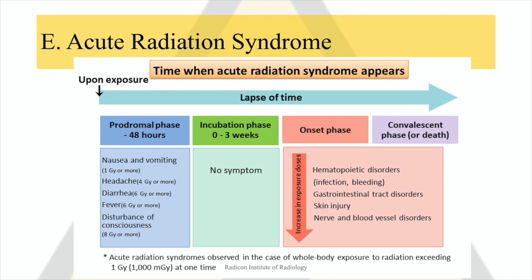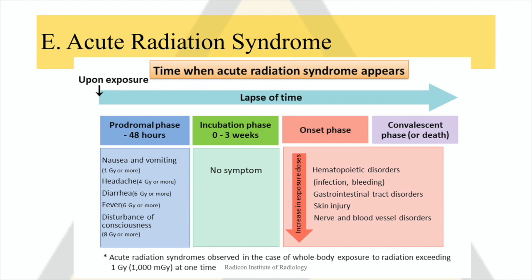Exposure to radiation exceeding 1 gray may cause loss of appetite, nausea, and vomiting, while exposure to radiation exceeding 4 gray may cause headache, etc. When exposure dose exceeds 6 gray, symptoms such as diarrhea and fever may appear.